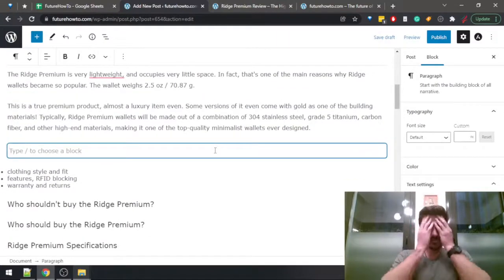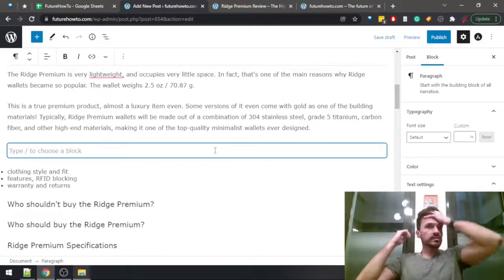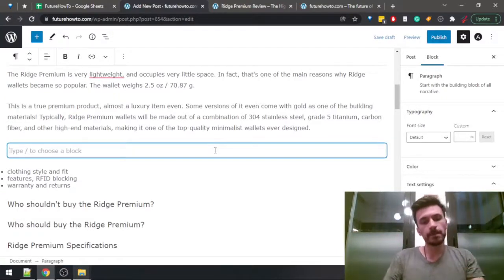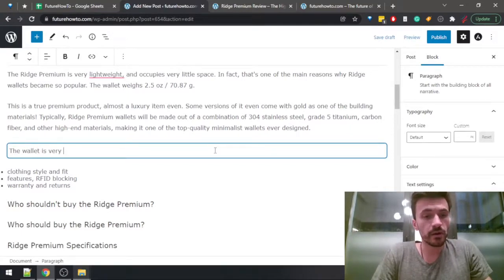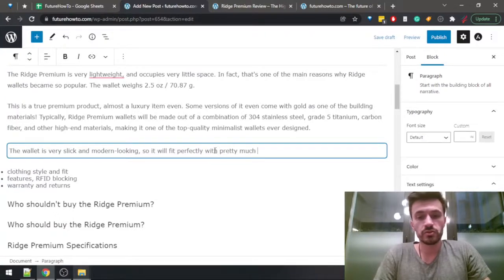Let's say clothing style and fit. Well, the wallet is very slick and modern looking, so it will fit perfectly with pretty much any modern, elegant, or stylish outfit.